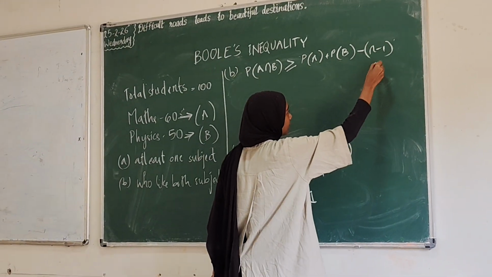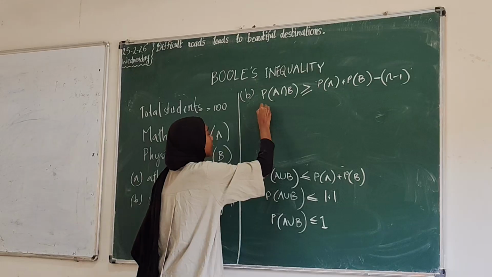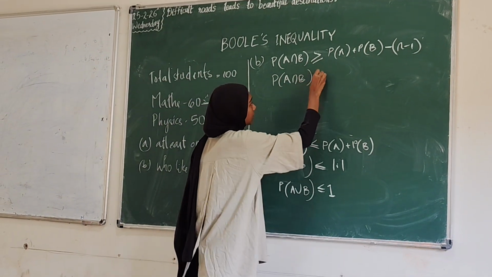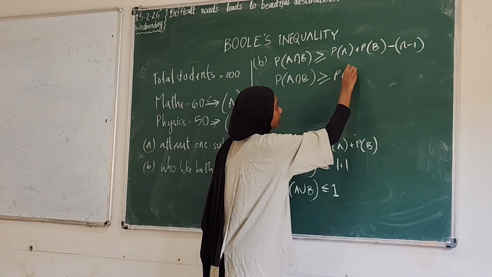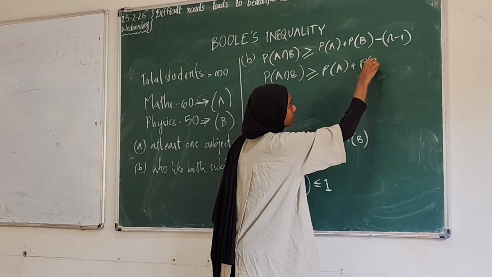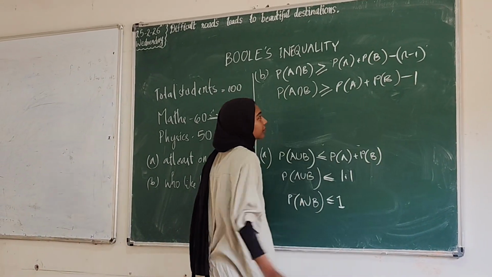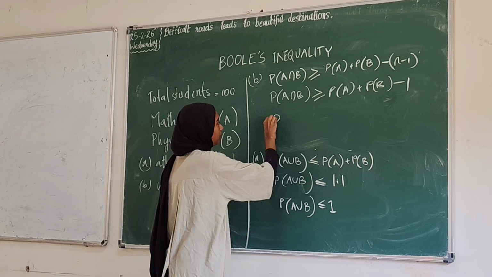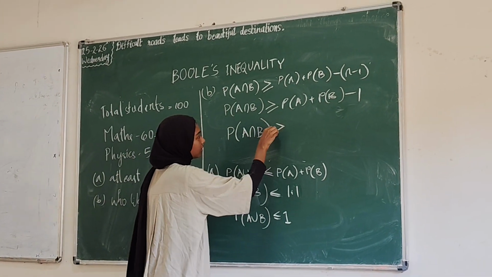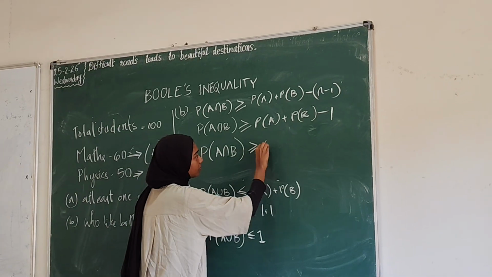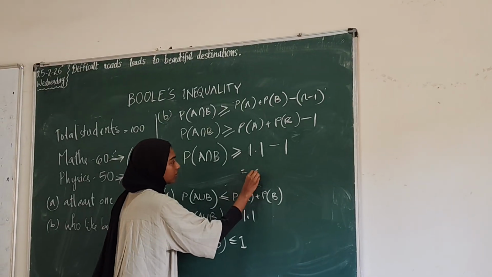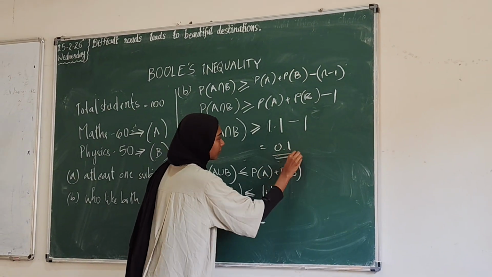But the number of events here is 2. We can write the equation as P of A intersection B is greater than or equal to P of A plus P of B minus 1. So we will get a final answer of 1.1 minus 1, that is 0.1.